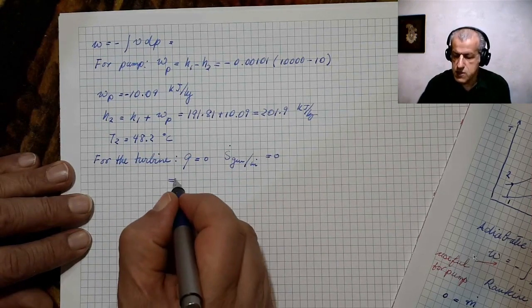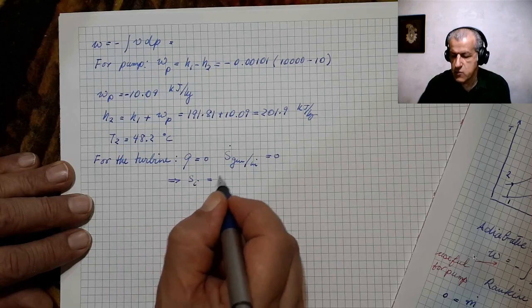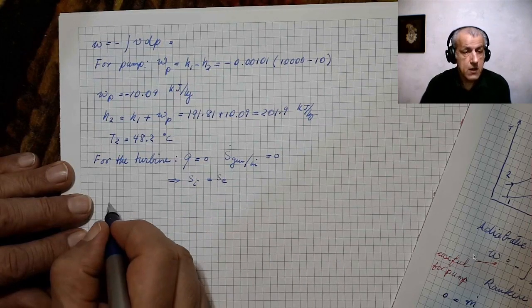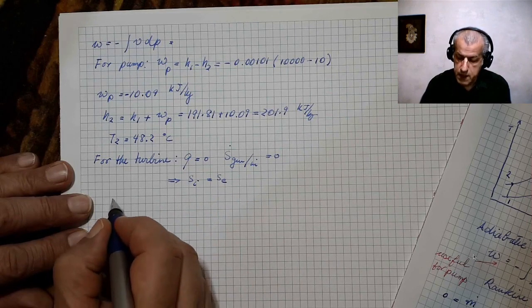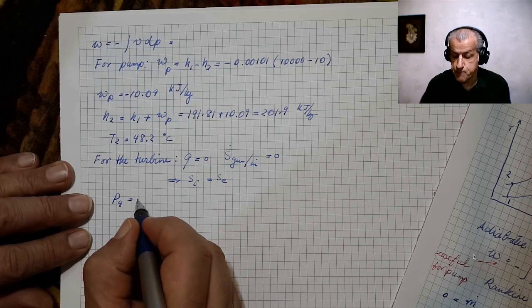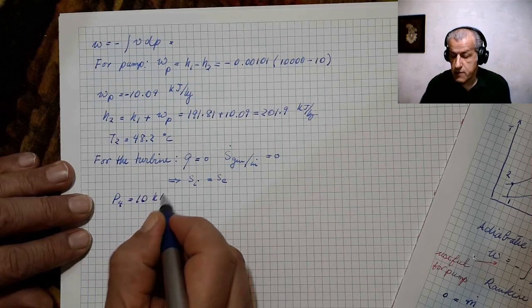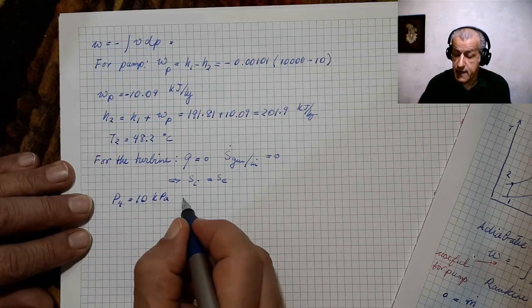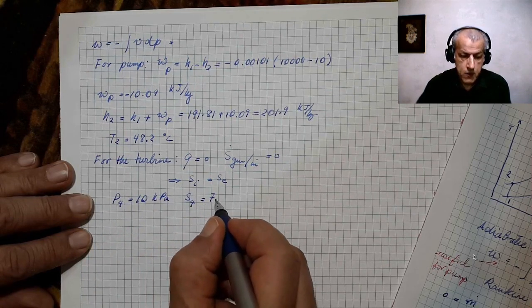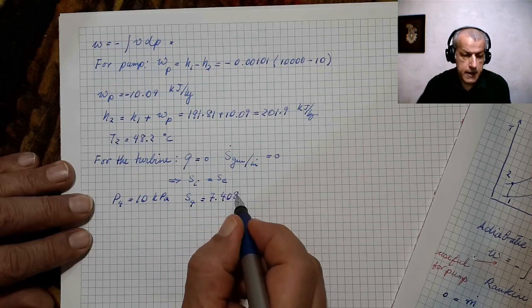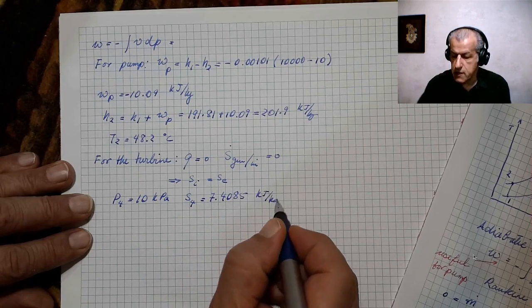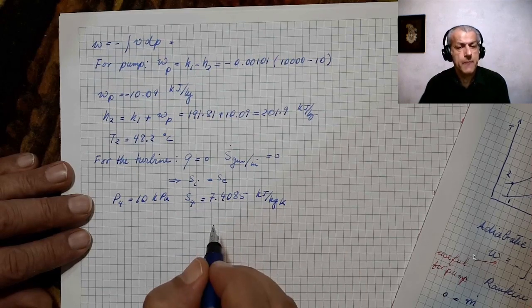And the conclusion is that Si equals Se. And therefore, what we know for point 4 is that P4 equals 10 kilopascals and S4 is 7.4085 kilojoule per kilogram Kelvin.